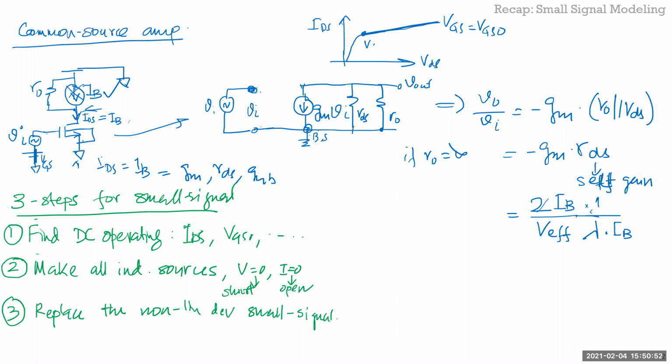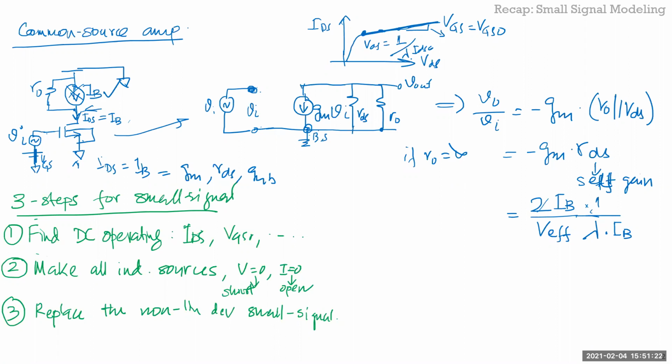So if RDS was equal to 1 over lambda ID sat, where ID sat is the point where it just goes into saturation, then you take the point here, it should be the same, because your R naught is nothing but this slope, right? But it's not linear, especially with short channels, though you can approximate that. So if you know ID sat, you can just say R naught is 1 over lambda ID sat.